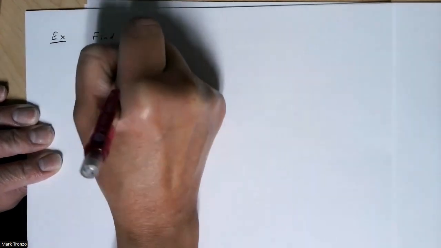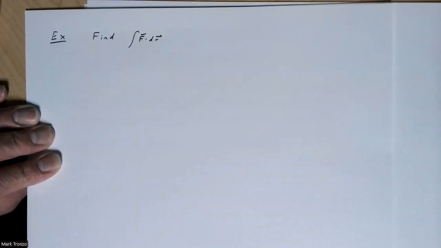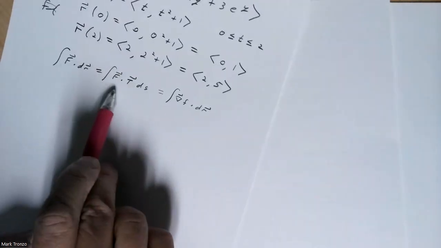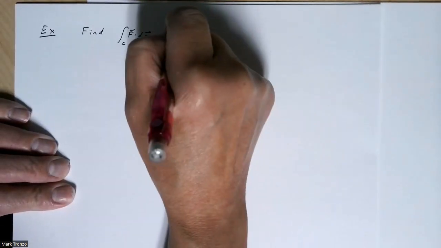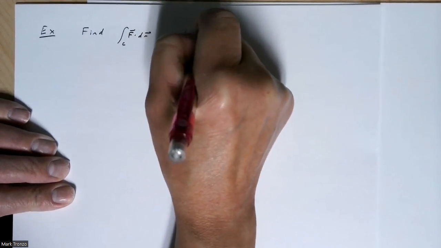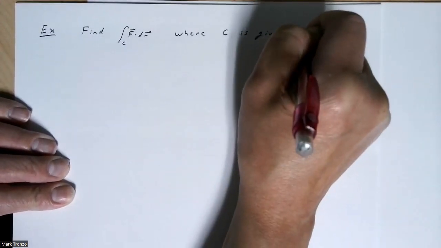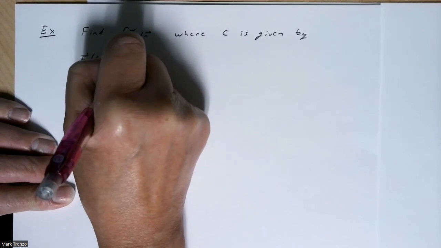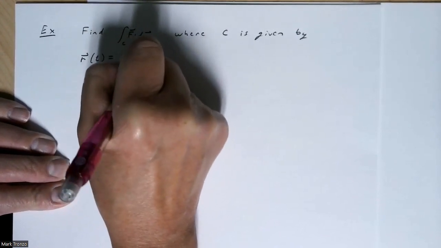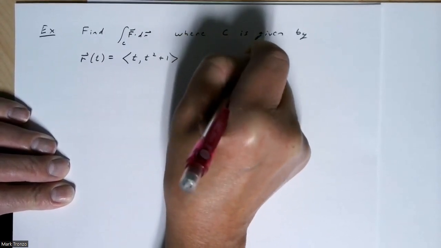Let's say we want to find this integral of F dot dr. And once again, even if we're asked to find, say, this one here, F dot T ds, we would use the same process over a curve C, where C is given parametrically by this equation.